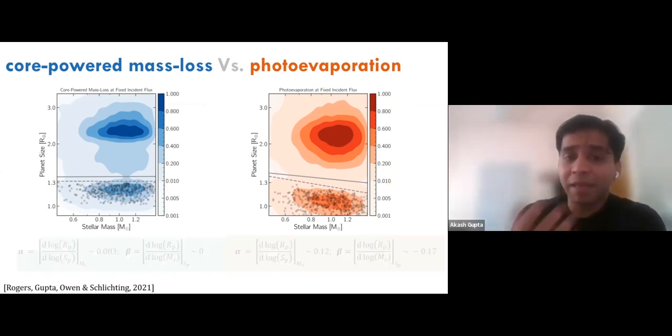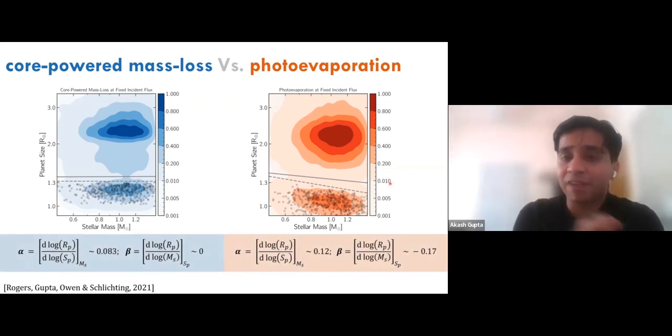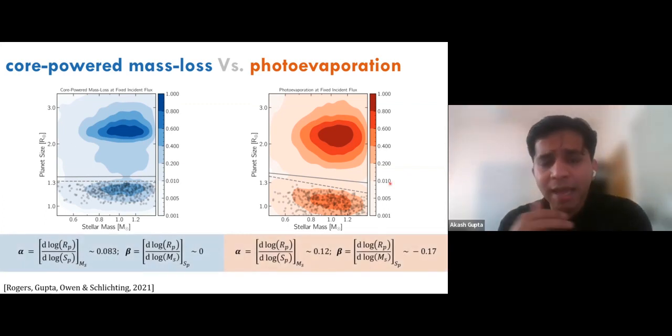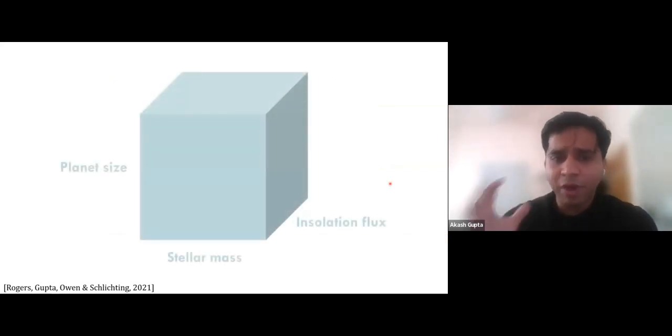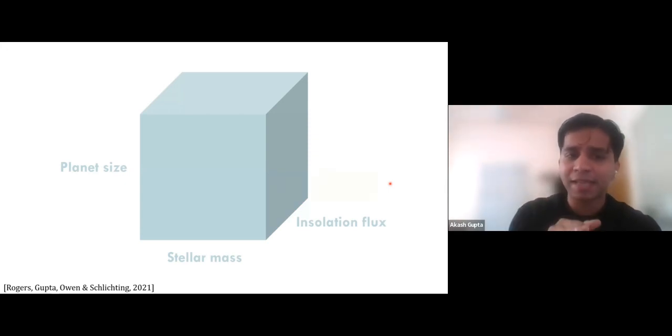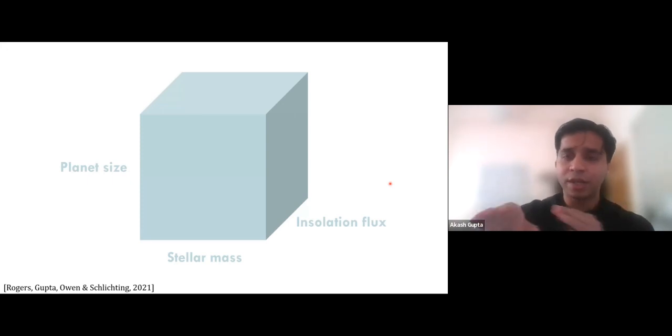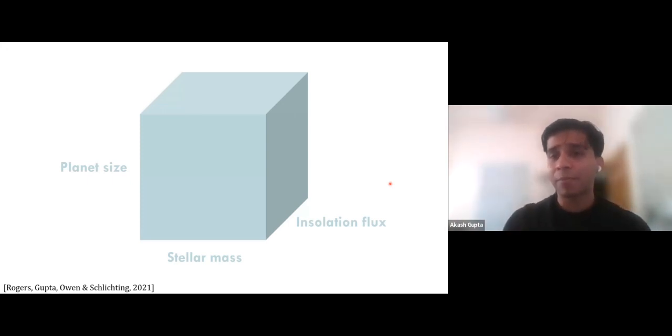And this can be encapsulated in these parameters alpha and beta. So what this is showing us is that it can be very powerful to explore the radius valley in this three-dimensional space of planet size, stellar mass, and insolation flux to figure out which of core-powered mass loss or photoevaporation might be dominating the planet evolution process.